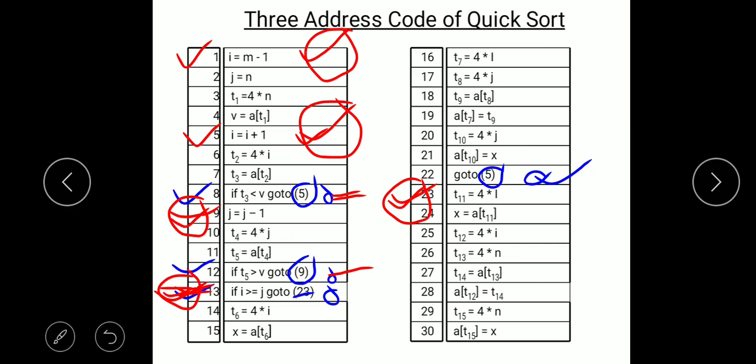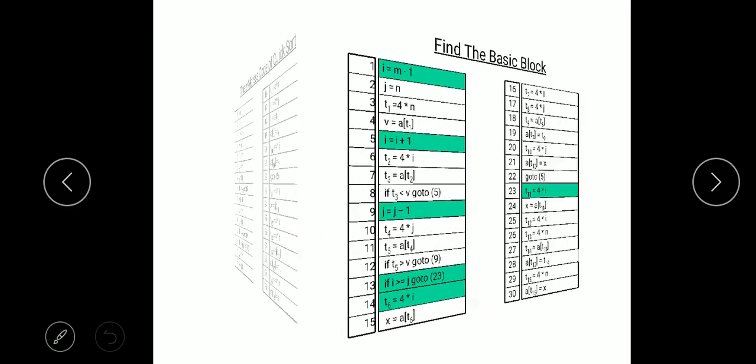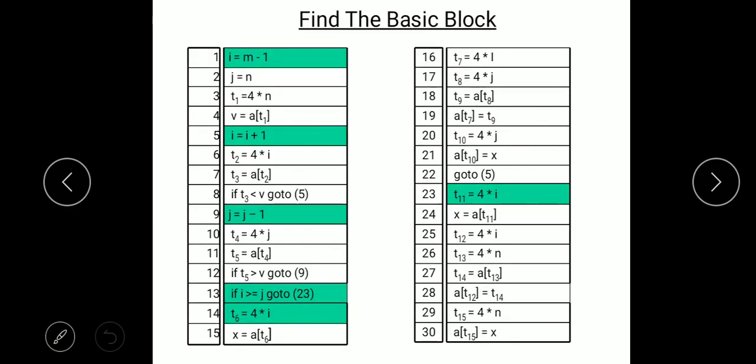Look here. One is this, second is this, third is this, fourth is this, and fifth is this, and sixth is this.